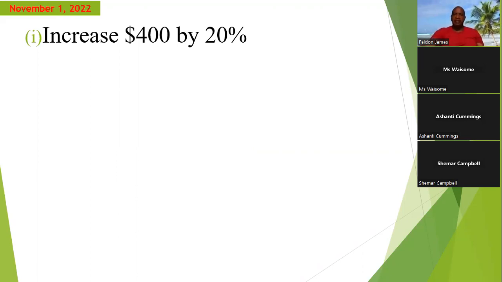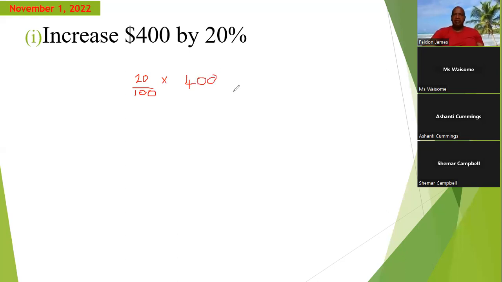What is it that we're trying to find? So let me write what you have, Miss Cummings. 20 over 100 times 400 over 1.